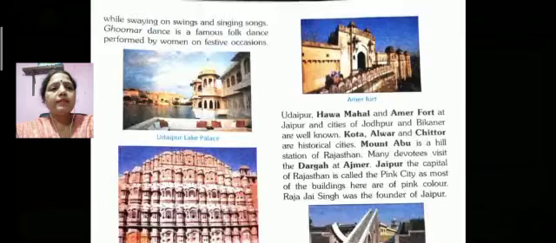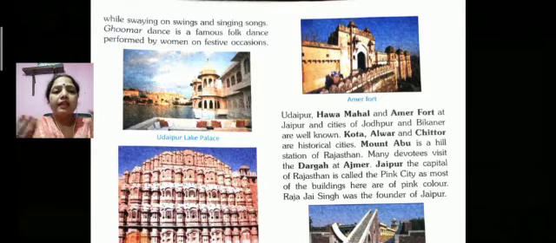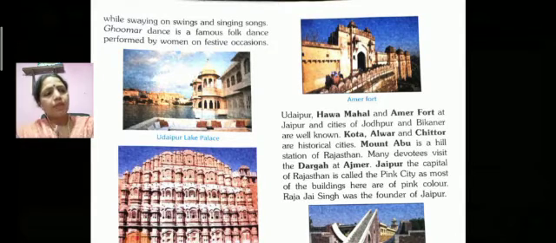Lake Palace at Udaipur, Hawa Mahal and Amer Fort at Jaipur, and the cities of Jodhpur and Bikaner are well known. Kota, Alwar and Chittor are historical cities. Mount Abu is a hill station of Rajasthan. Many devotees visit the Dargah at Ajmer.